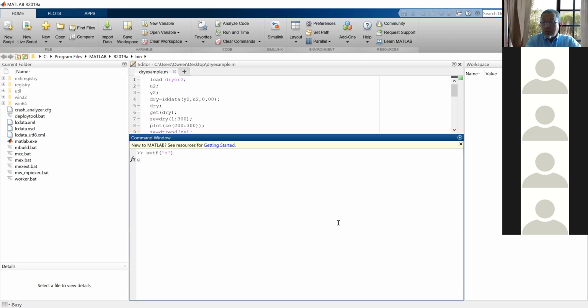G is equal to 5 divided by s multiplied by (1 plus 0.6 multiplied by s) multiplied by (1 plus 0.1 multiplied by s).